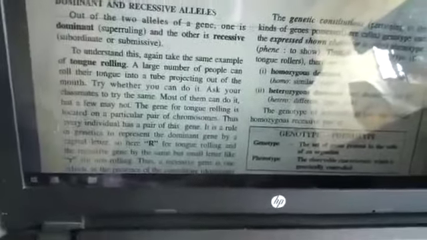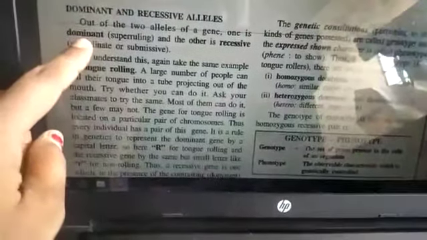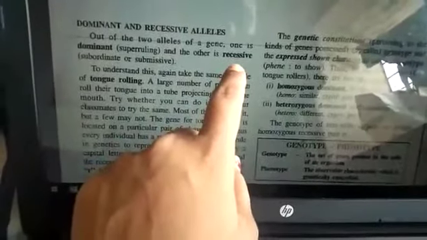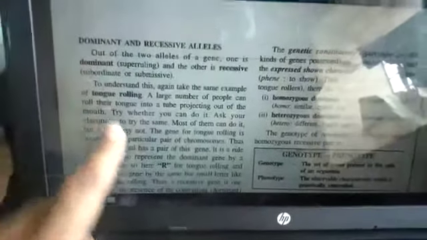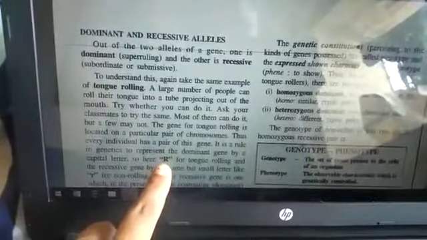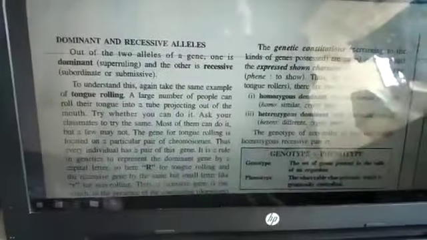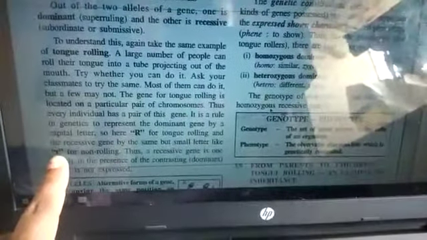What is the point? The one which is expressive is called dominant, the one which cannot is called recessive. The dominant characters are represented by capital letters like R, and the recessive are represented with the small letter, that is small r over here.